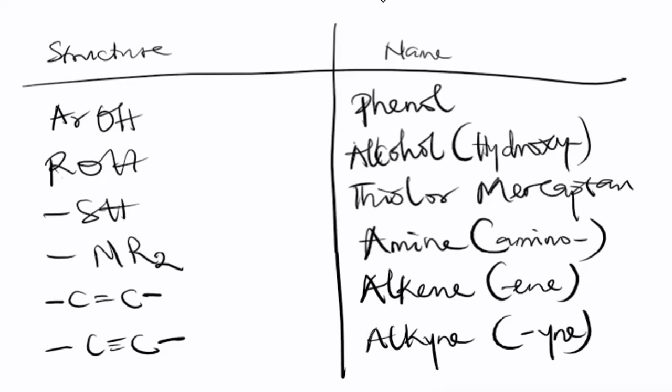Alright, so guys, this is a table to show you the priorities for the different functional groups. So we'll go ahead and consider the IUPAC rules for naming alkanes.